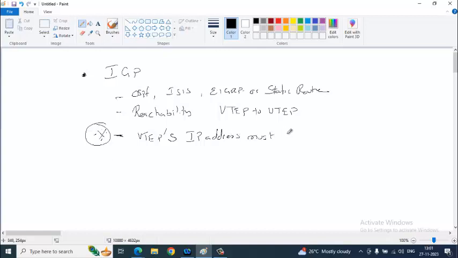On the physical interface the mask can be anything, but on the loopback interface, what? /32. Yes.